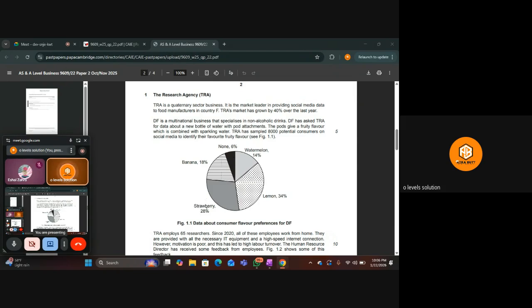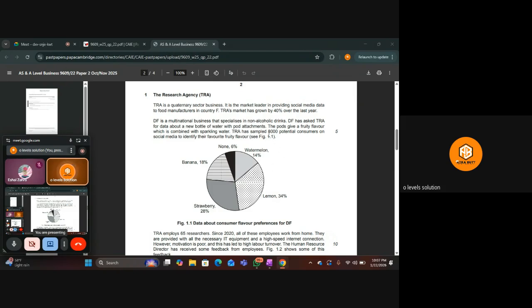This data is about the consumer flavor preferences for DF. It means these are the consumers who are the main target, and their main preferences are these flavors. 28% of customers out of 8,000 said they like the strawberry flavor. 18% said they like the banana flavor. 34% said they like the lemon flavor.